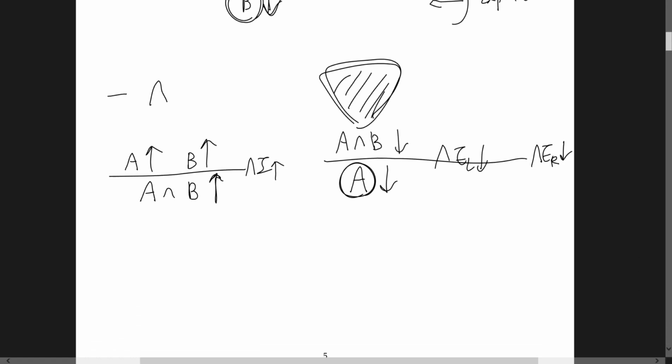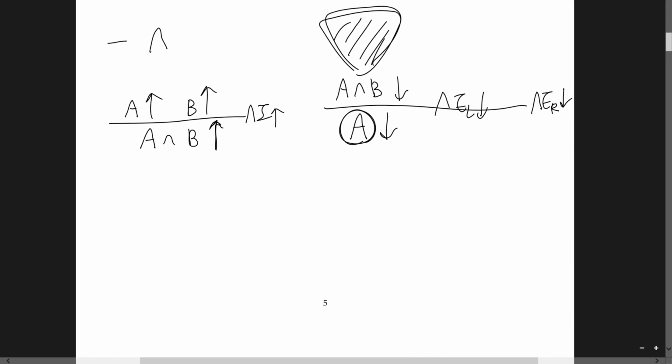Now let's look at the most complicated case, disjunction. What about the introduction rule? We'd like to build a proof of A disjunction B true, and this time we'd like to build. So therefore, we have to move upward. In order to build, you have to either prove A true.